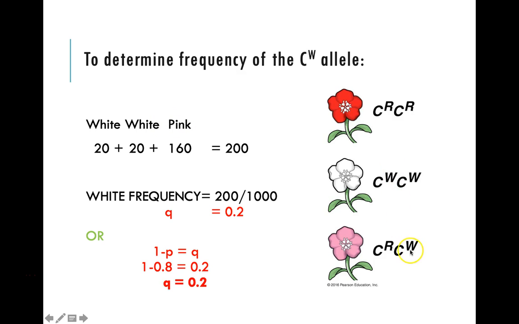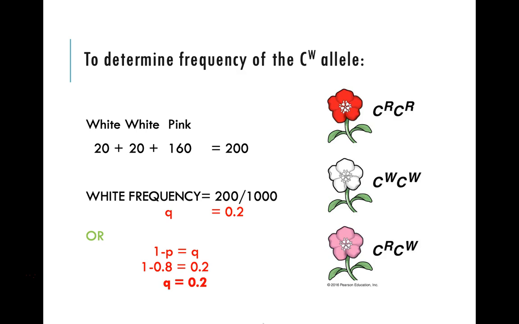Again, remember that the individuals who are pink also have a copy of the white allele. So if we have 160 pink individuals, we have 160 white alleles for those pink individuals. Total those up: 200 white alleles total. The frequency of the white allele is 200 divided by the total number of alleles, which is 1,000, giving the Q value of 0.2.